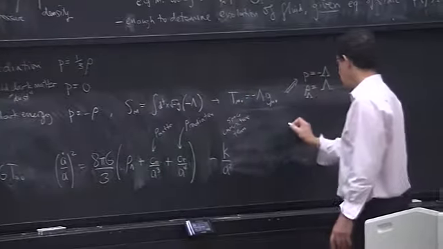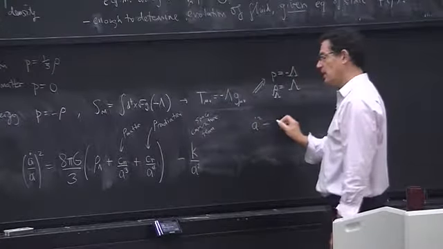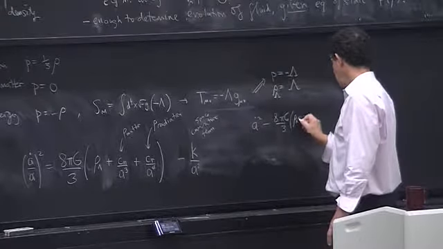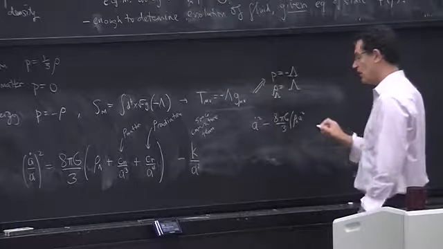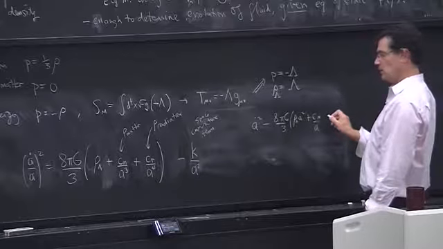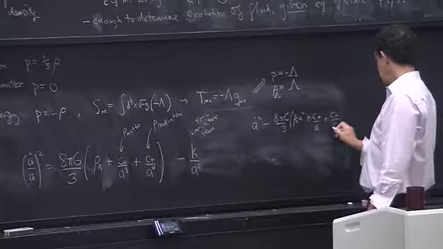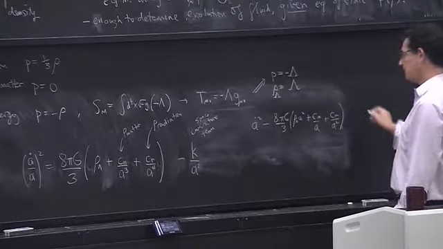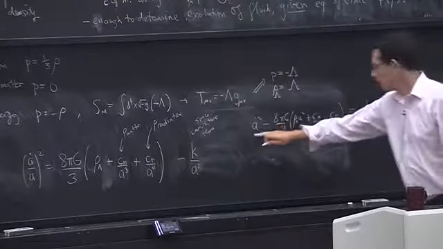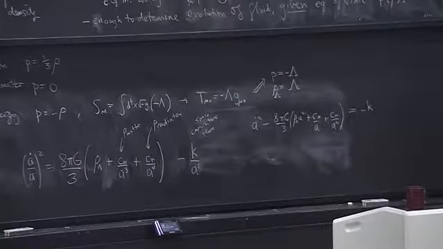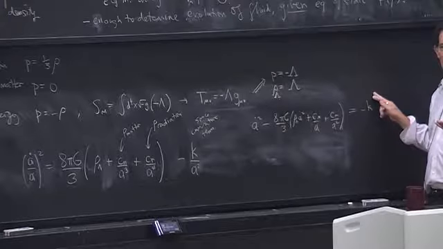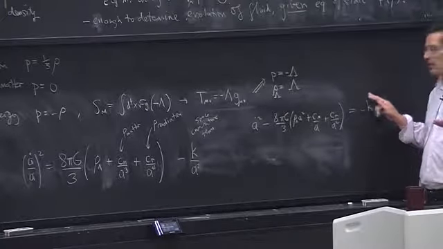So I write that as A dot squared minus 8 pi G over 3 rho lambda A squared, multiplying through by A squared, plus C matter over A plus C radiation over A squared equals minus k. Kinetic energy plus potential energy is constant. So in the Friedmann equation, the role of space curvature is like an energy of this particle.